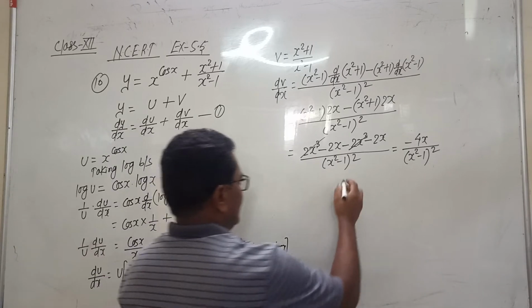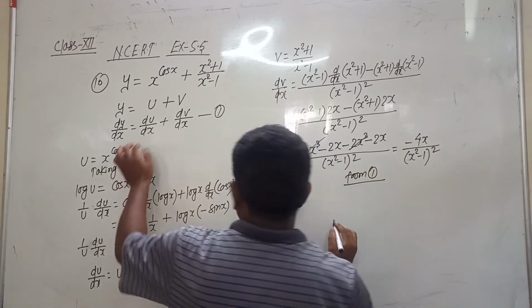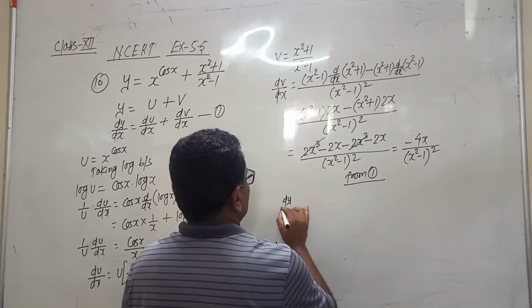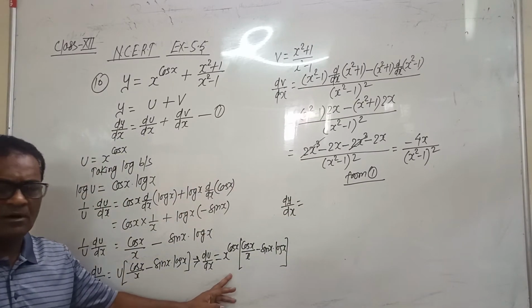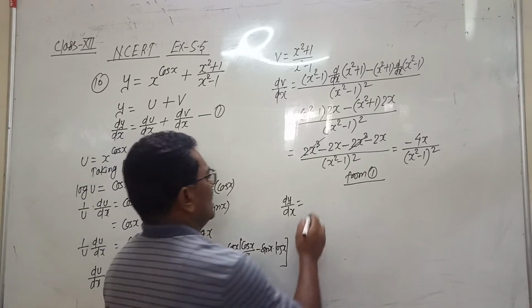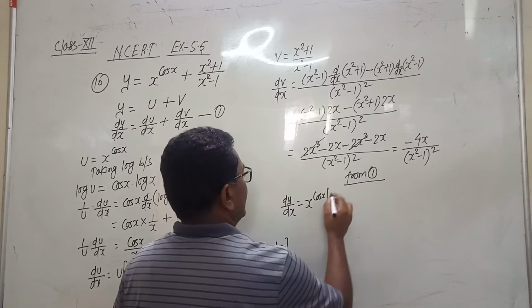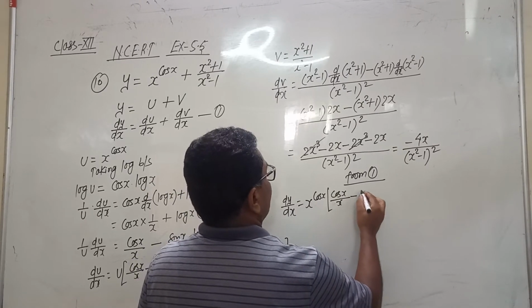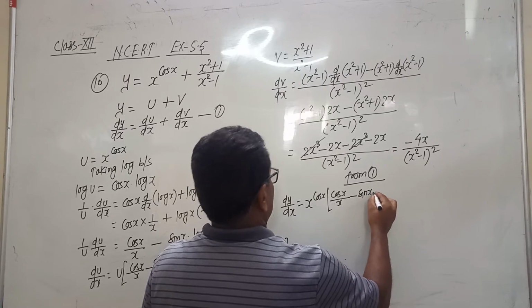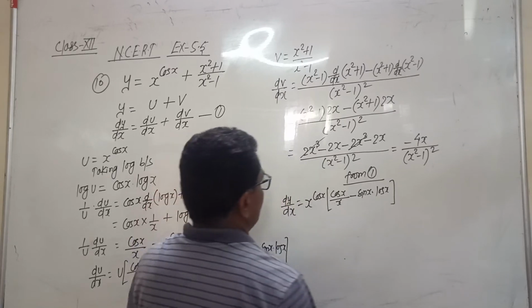Now we will put the value in equation number 1. dy by dx equals du by dx. The value of du by dx is x raised to the power cos x, and in bracket cos x by x minus sin x into log x, plus dv by dx.